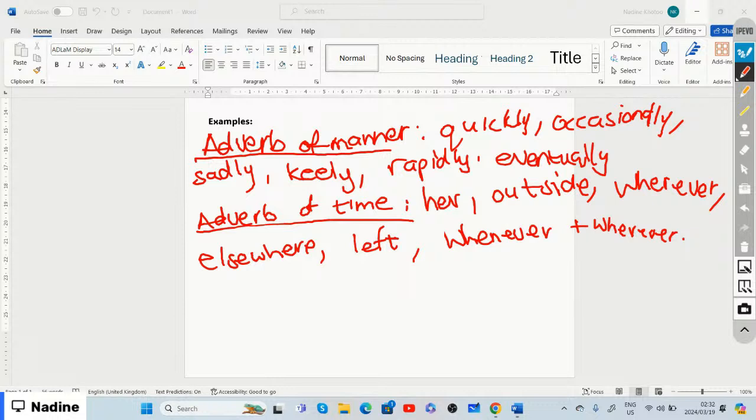So now, if we look at adverbs and our different types of adverbs, remember that adverbs basically modify a verb, and they even tell us more about an adjective or another adverb.